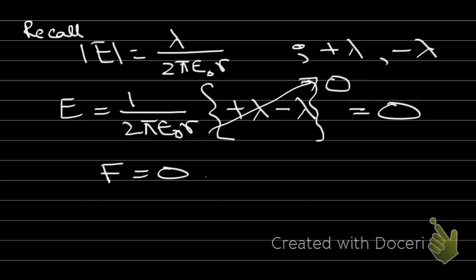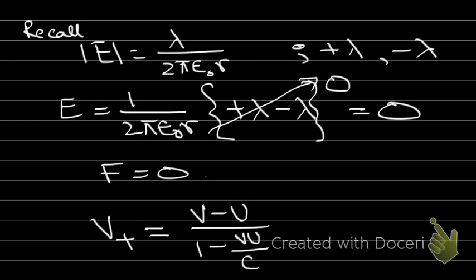Now from Einstein's velocity addition rule, the velocities of the positive and negative charges in the S prime frame can be written as, let me write it down over here. So your V plus, that is the velocity for the positive charges, can be written as (V minus U) over (1 minus V times U over C squared).